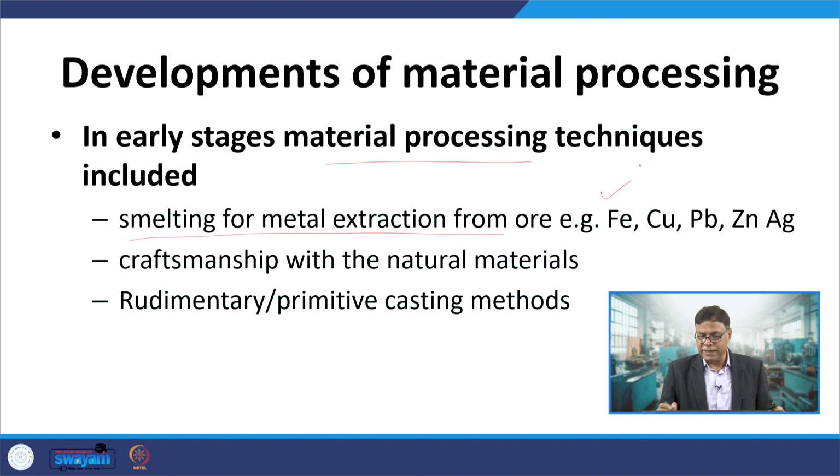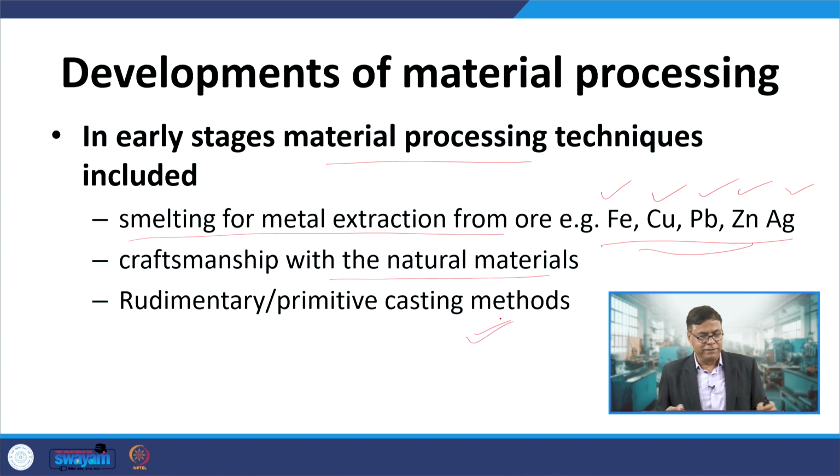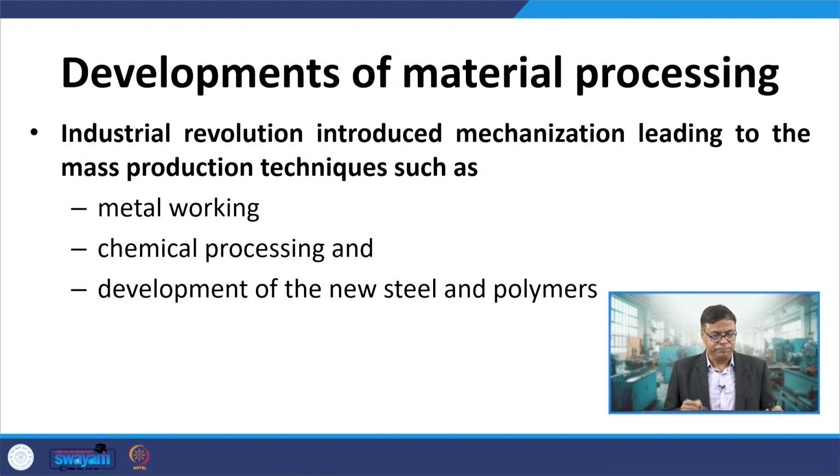So, metals like iron, copper, lead, zinc and silver were produced in the early stages through smelting. Then craftsmanship with natural materials was used to make products, and then rudimentary casting methods were used to make products. Okay. This was done in the early stages of material processing.